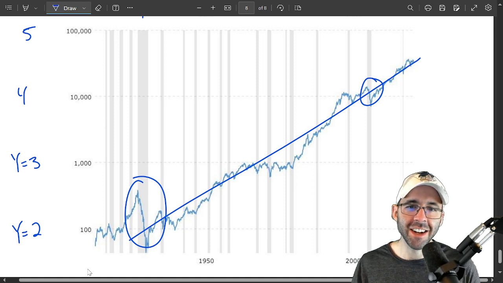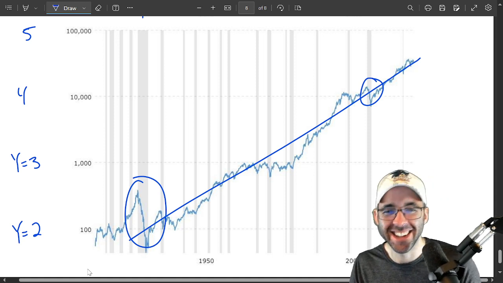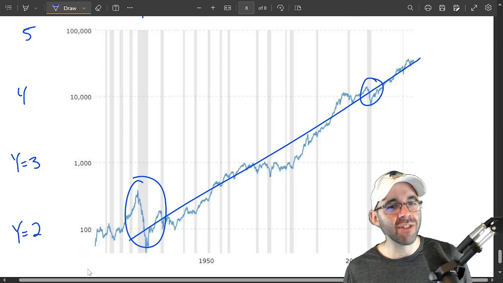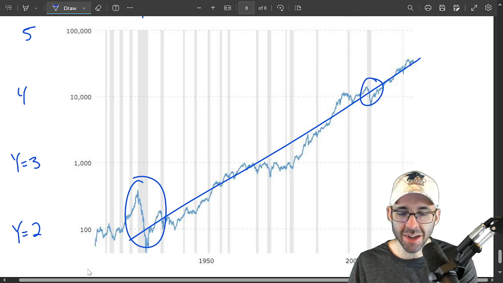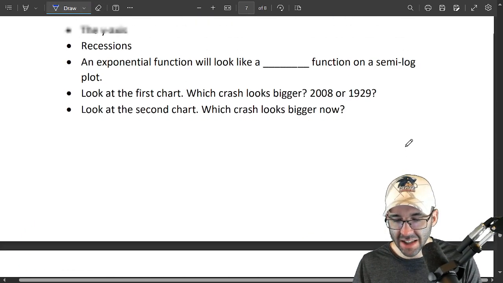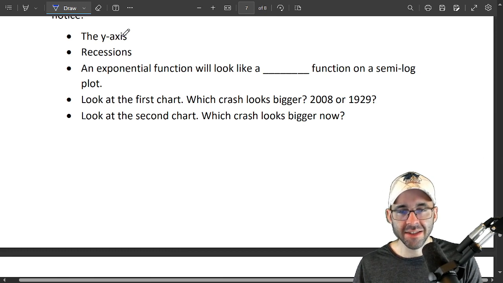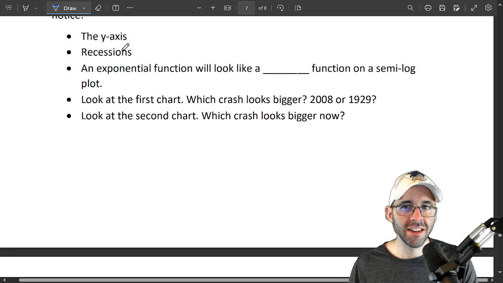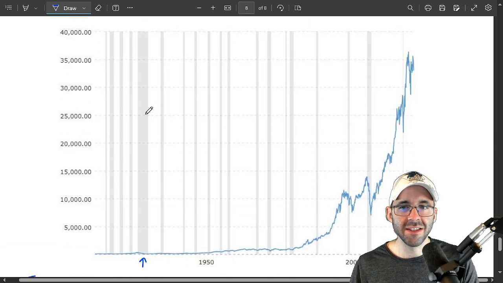Let's not include the Great Depression on this model. That messes up our linear growth. But yeah, usually if we have exponential data and we put it on a semi-log plot, it'll look roughly linear, which is really nice. Okay, so again, on the y-axis, you can see that one's growing linearly, one was growing exponentially. You can see the recessions.